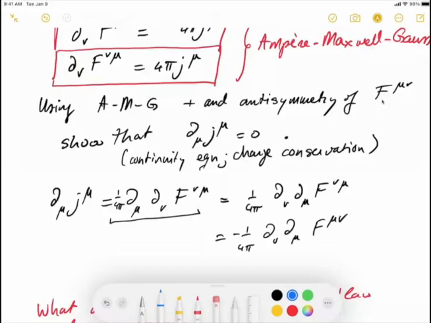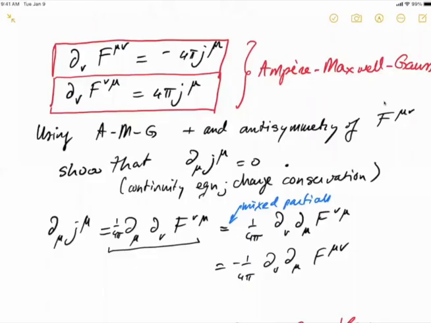So this problem is not too hard. So first, you swap the two differentials. So this is mixed partials that you're allowed to do. And here you use the anti-symmetry.